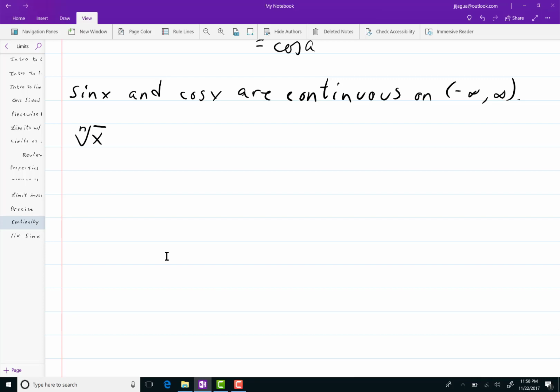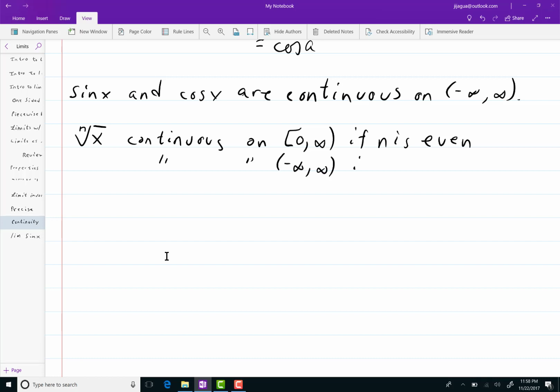So anything like this is continuous on 0 to infinity if n is even, and it's continuous on negative infinity to infinity if n is odd.